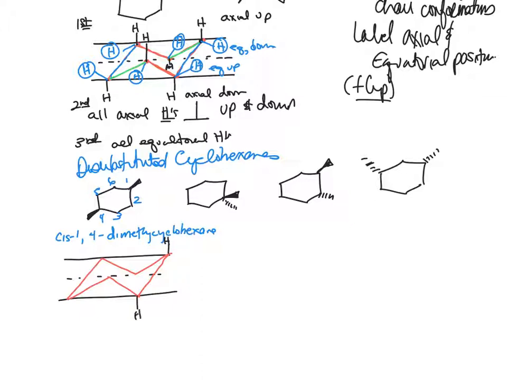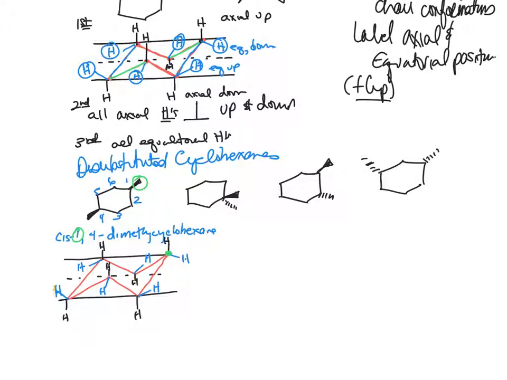So axial up, axial down, axial up, axial down, axial up, axial down. And then we're going to draw in our equatorial. Equatorial down, equatorial up, equatorial down, equatorial up, equatorial down, equatorial up. Now, what we can do is then we can put in our methyls.